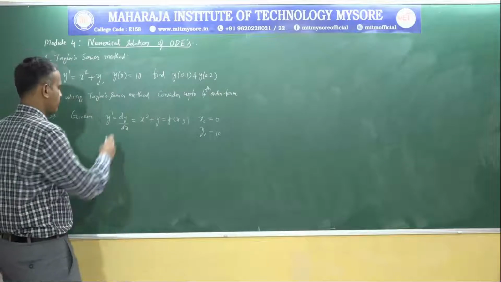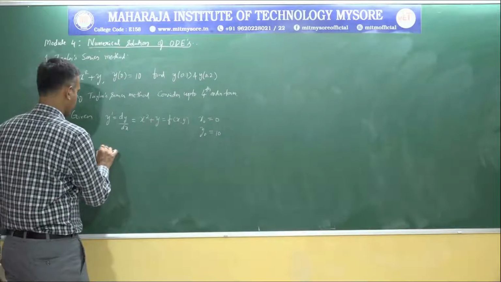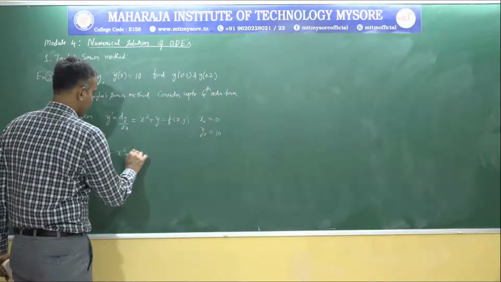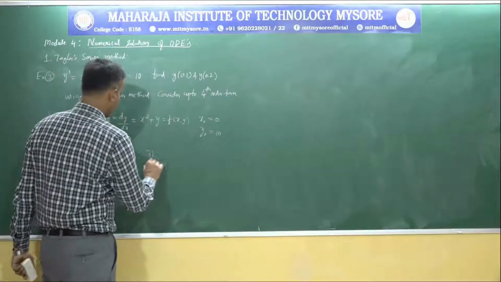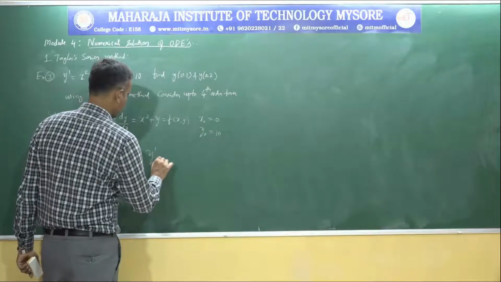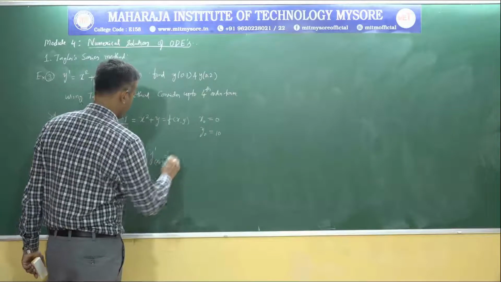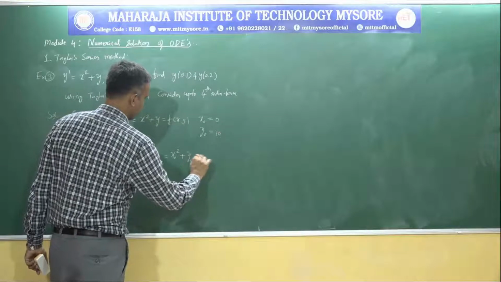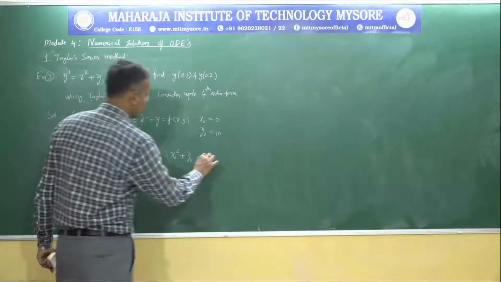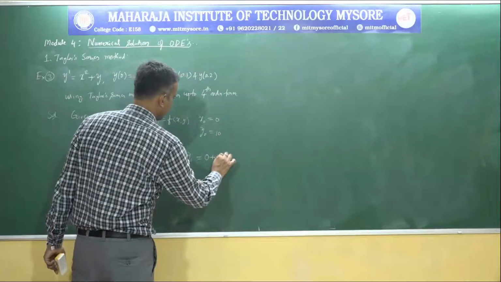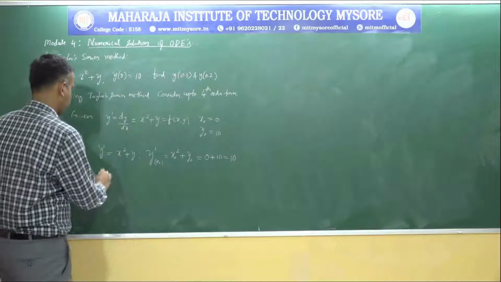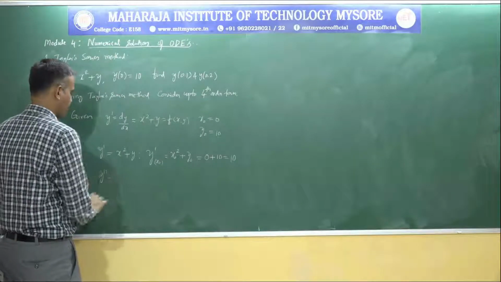Next, we specify y dash as x square plus y, and assign the initial data: y dash of x naught is nothing but x naught square plus y naught. Here x naught value is 0 and y naught is 10, so we can denote 10. Next, the y double dash value.